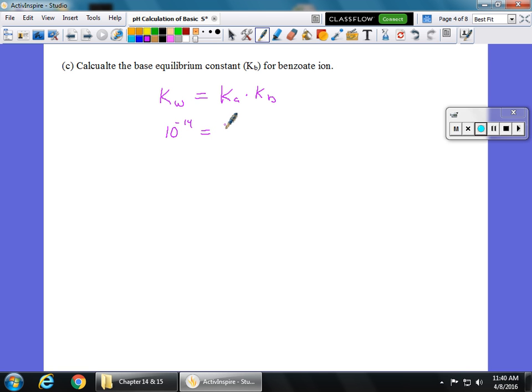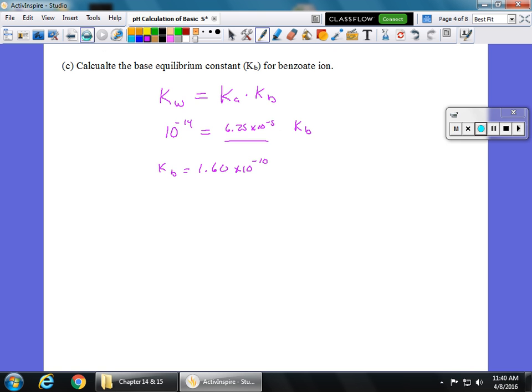So we were told that the Ka is 6.25 times 10 to the negative 5th, times the Kb. So when we divide, that's going to give us 1.60 times 10 to the negative 10th. And remember our relationship we said: the bigger the Ka, the smaller the Kb of the conjugate is going to be.